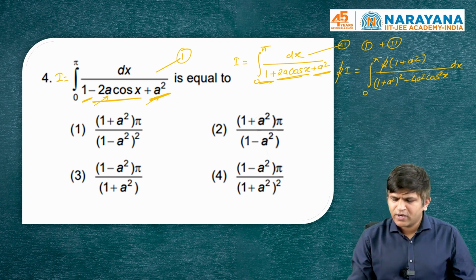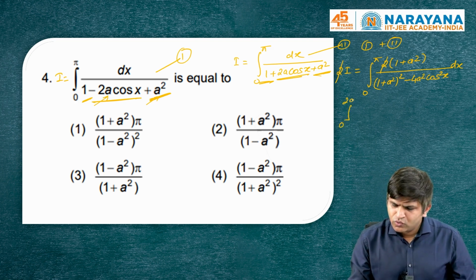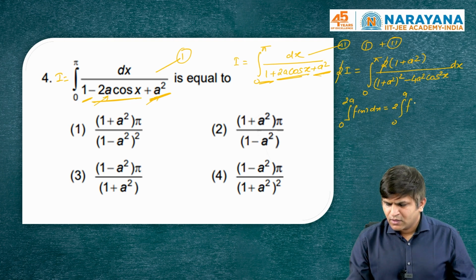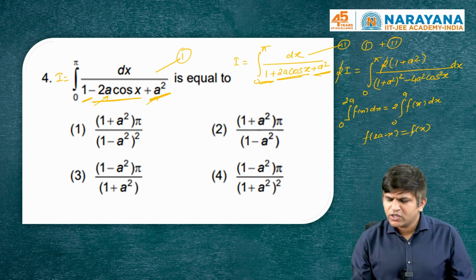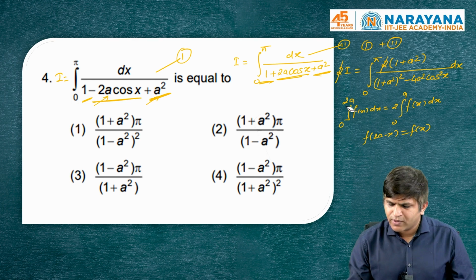We know another property, that integral 0 to 2a f(x) dx, we can write it as 2 times integral 0 to a f(x) dx, provided f(2a minus x) is equal to f(x). So this function is following this property, so we are applying this property.